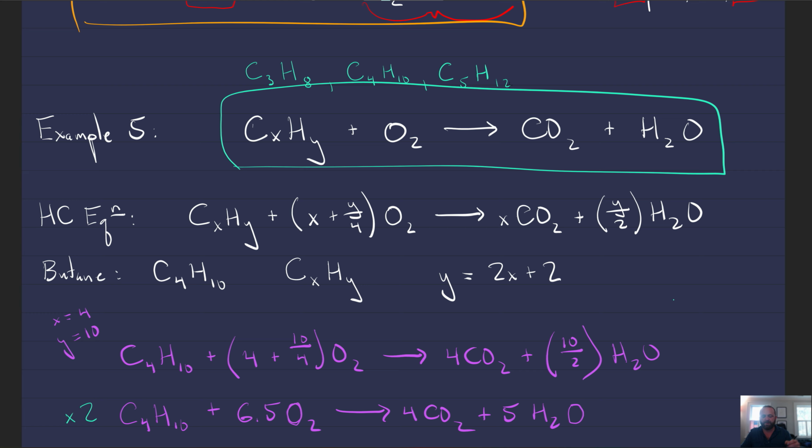So the formula for hydrocarbons, at least straight chain ones that are totally saturated, is CnH2n plus 2 is the number there. Not a very difficult equation to memorize.